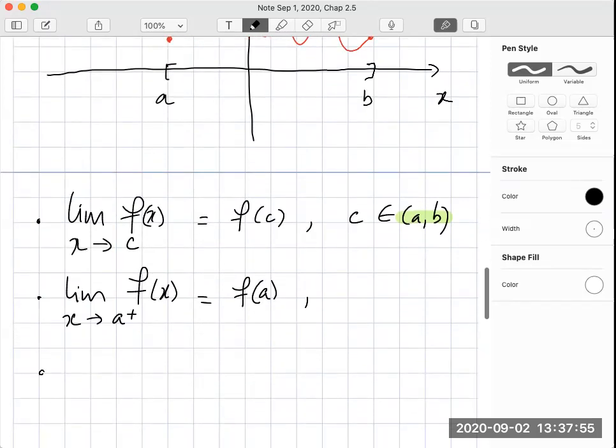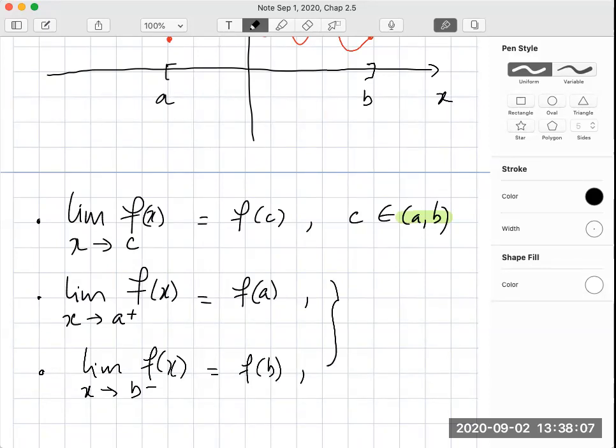And the last case, when x approaches B from the left, it will be f of B. These are the endpoints, A and B. Okay?